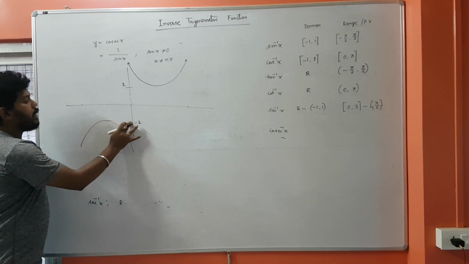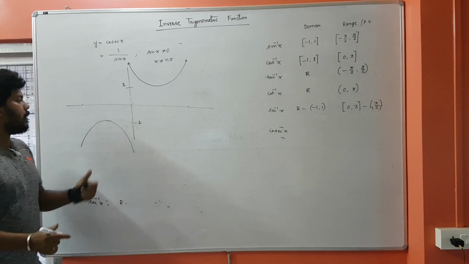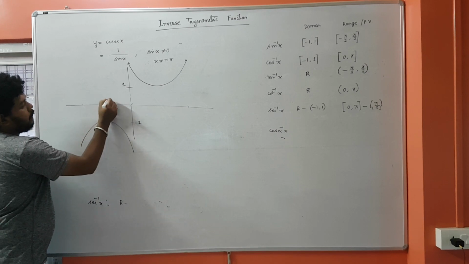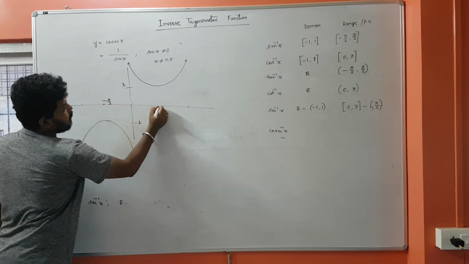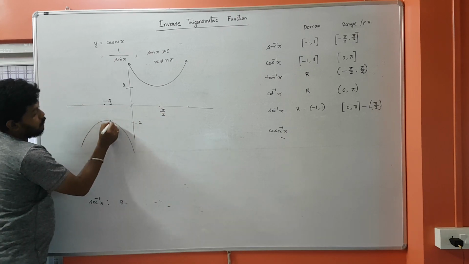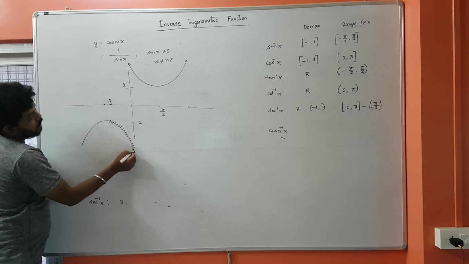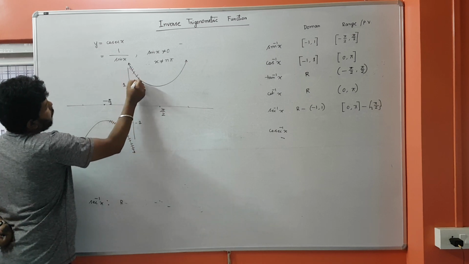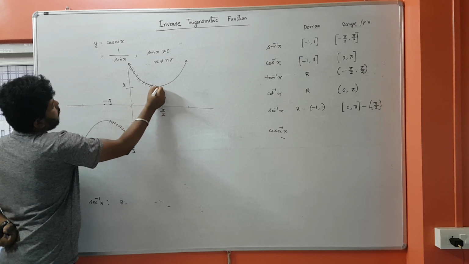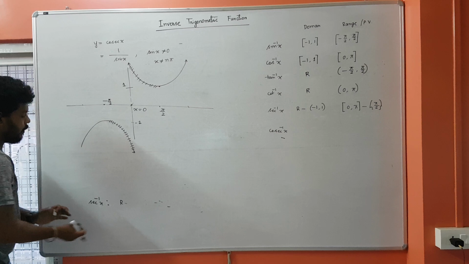Now, cosec x is also a periodic function. To make it 1-1, we must restrict the domain of cosec x from minus π/2 to plus π/2. Now, these branches of cosec x are 1-1 except at the point 0. At x equal to 0, cosec x is undefined.